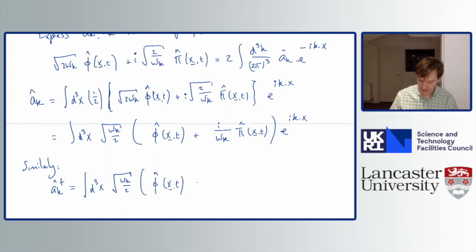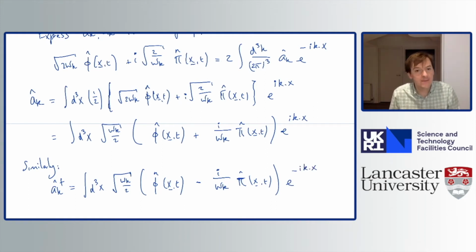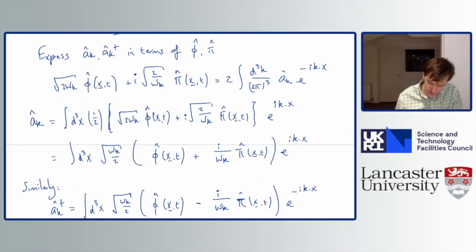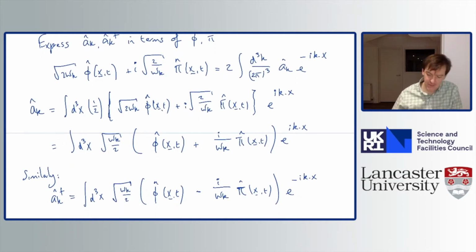So our factor of plus i goes to minus i, and our exponential will go to a minus i k dot x. Good. So we can express these fields in terms of pi and phi.